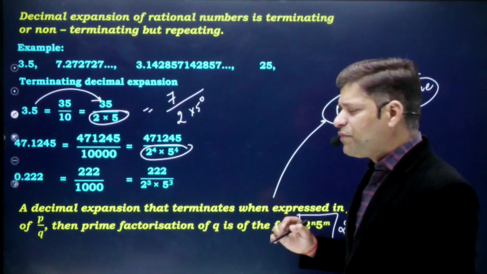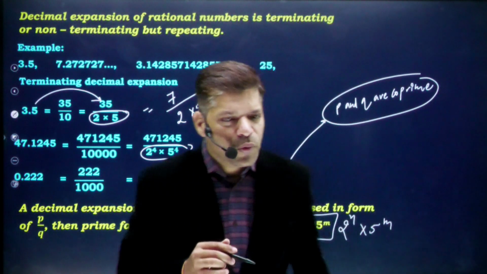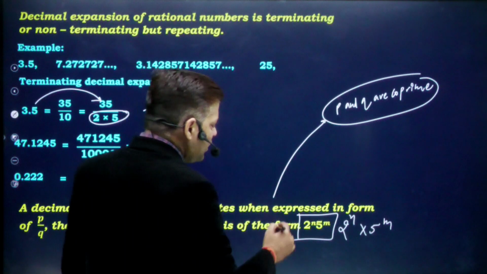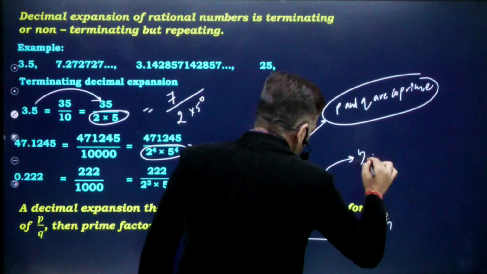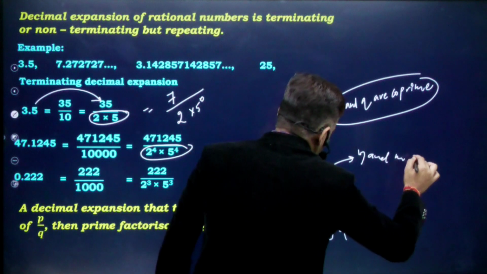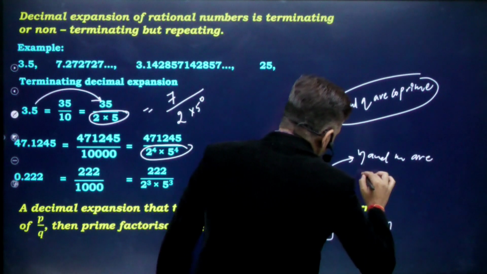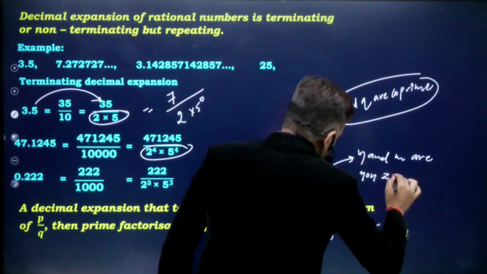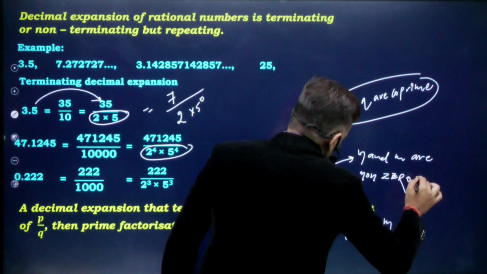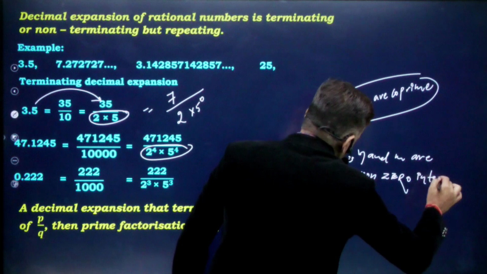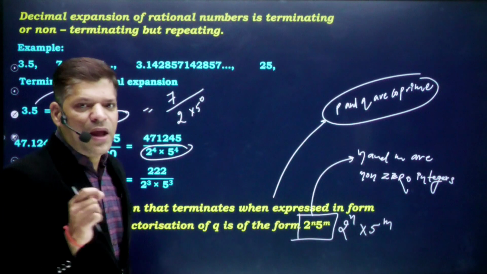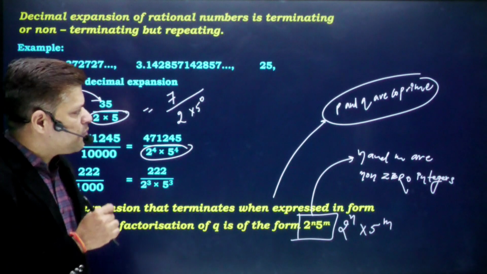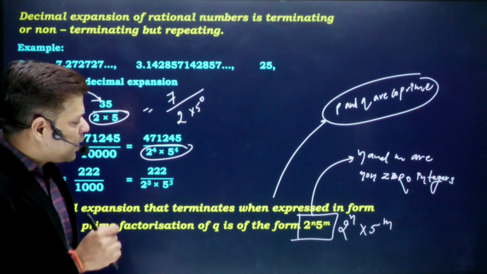So the first condition is that p and q are co-prime, and the second is that n and m are non-negative integers. So m and n are integers and p and q are co-prime.